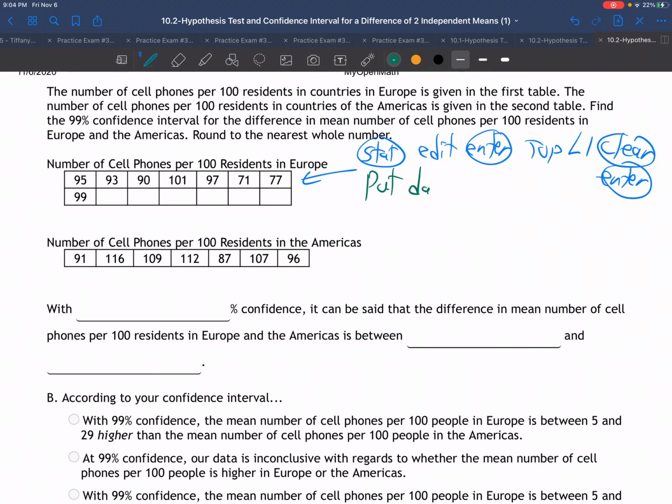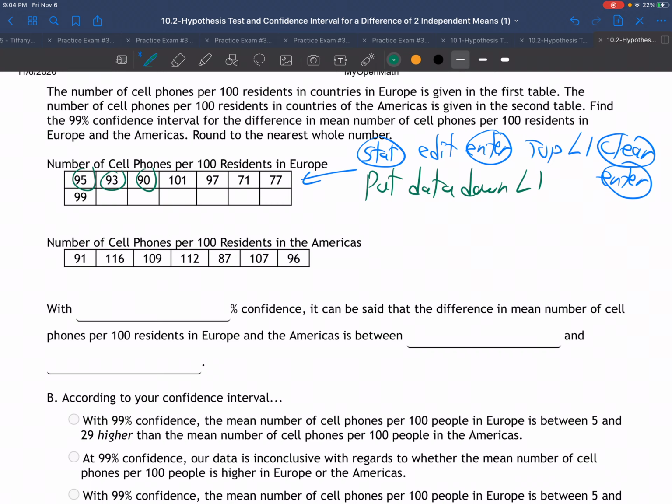Then put the data down L1. So that'd be all these numbers. I'm doing that right now. There we go.